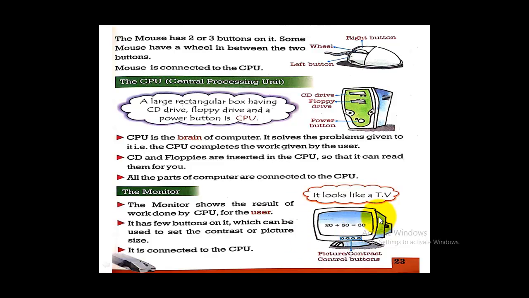Or if you draw a picture with the help of the mouse, you can draw a picture here on the computer, using a pen tool in the software. You can draw colors also. You can paint with colors also.